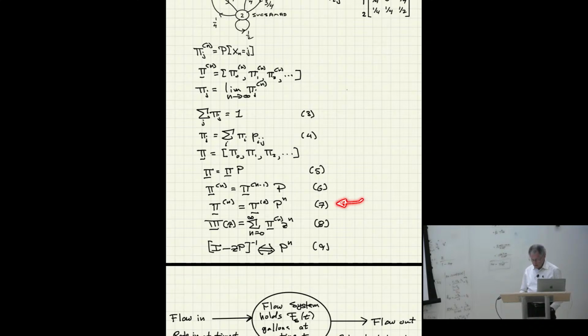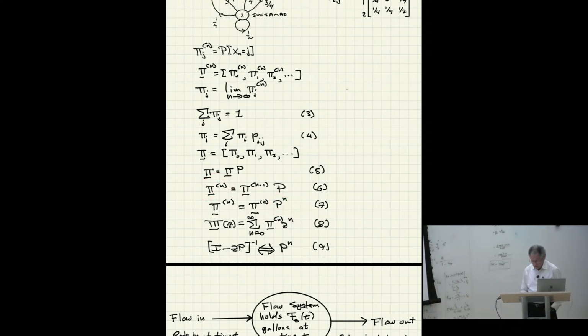It's just an iterative argument to find the nth probabilities in time. You start with the initial probabilities at time 0 multiplied by the transition matrix n times. And so if we can find P super n, we have a way of finding the probabilities as a function of time, namely this vector here.